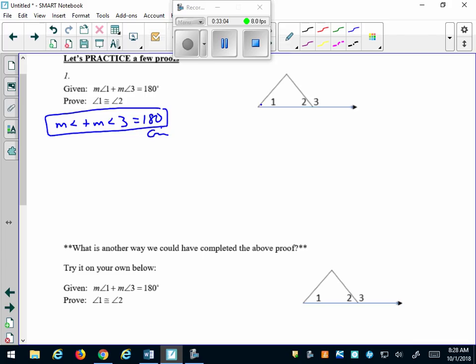When we look at our diagram, here's 1, here's 3. We would have to look and see what relationships we know about, and you might recognize that 2 and 3 are a linear pair, so you could say angle 2 and angle 3 are supplementary by the linear pair postulate.